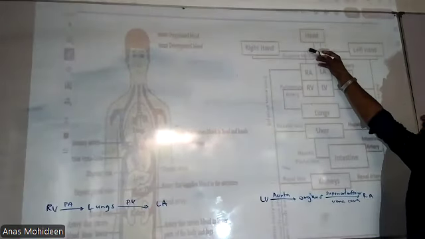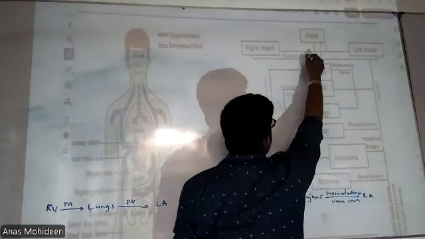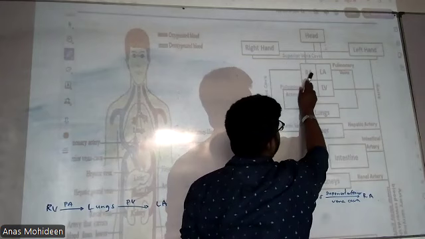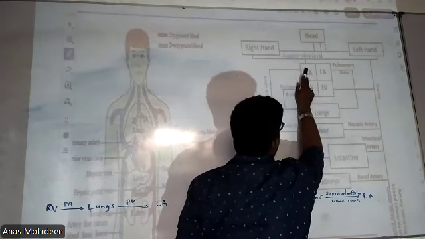This is the superior vena cava, which comes from the right hand, left hand, head and all, towards the right atrium. So this is the right atrium, left atrium, right ventricle, left ventricle. Superior vena cava comes here.